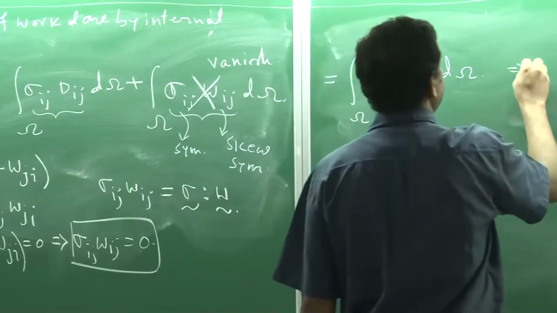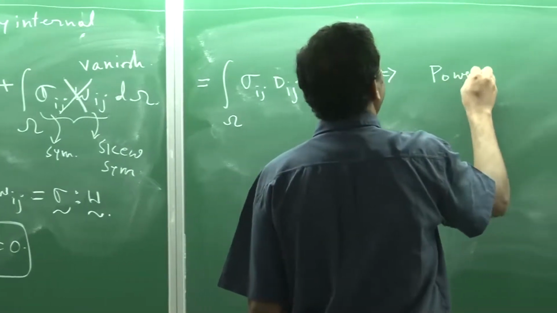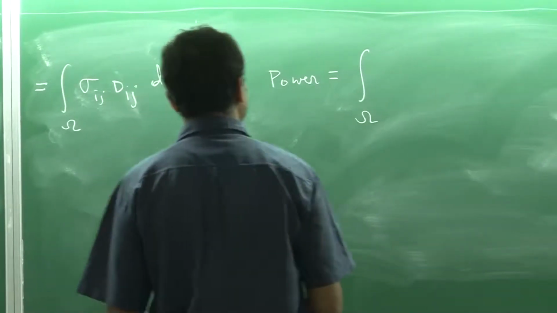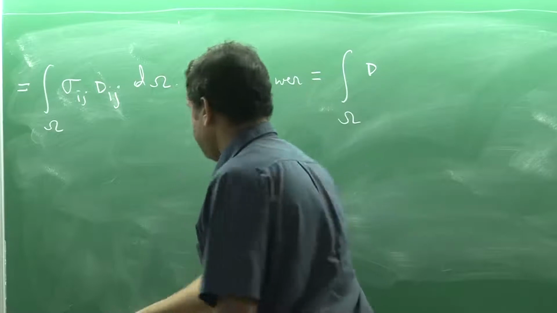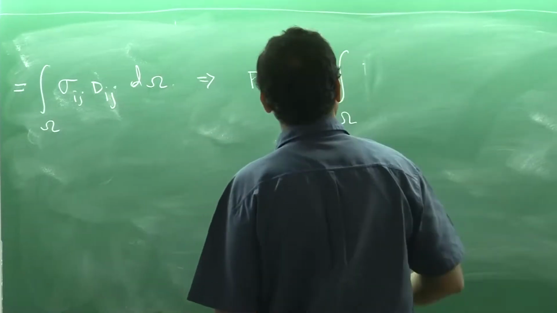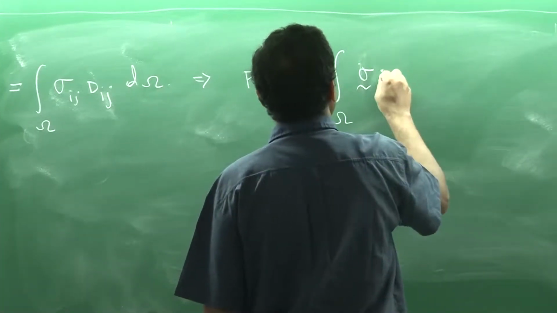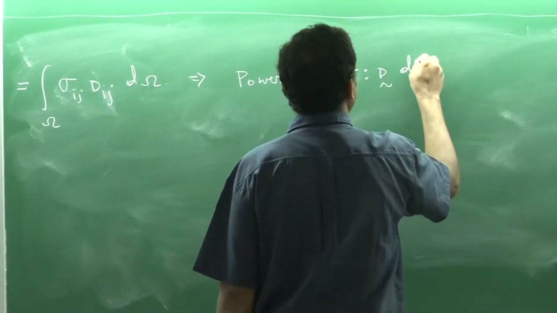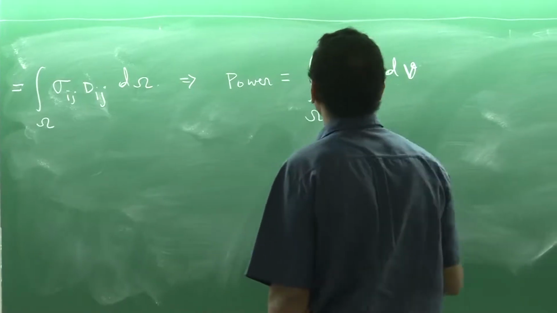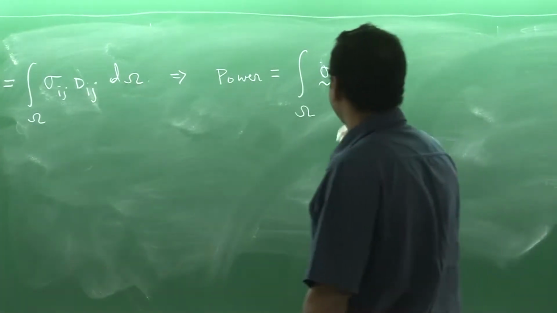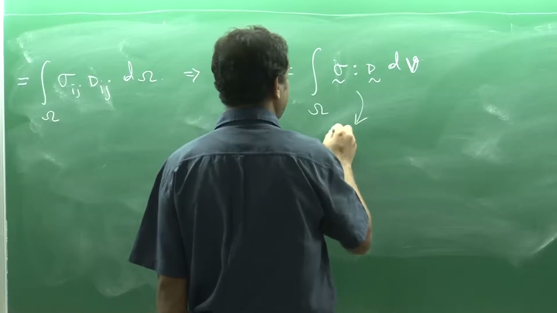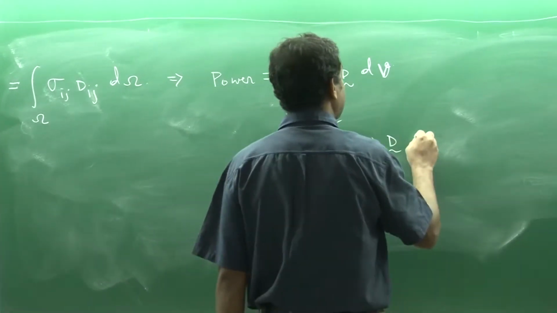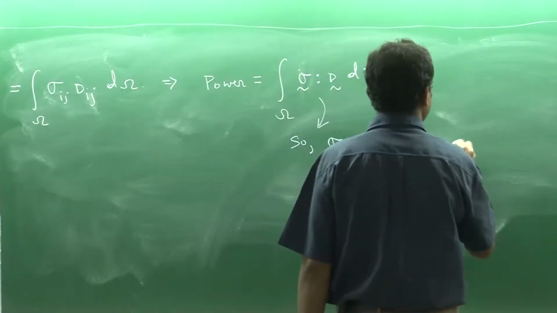Or if you want to write it in tensor form, it is the inner product of the Cauchy stress tensor sigma and D over the whole volume dv. So, these are the stress power. What we see is that these are energy conjugate, right. So, sigma and D are energy conjugate.